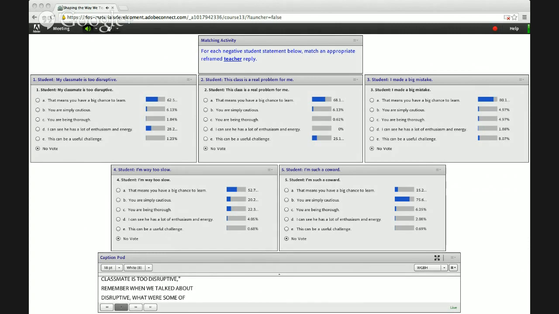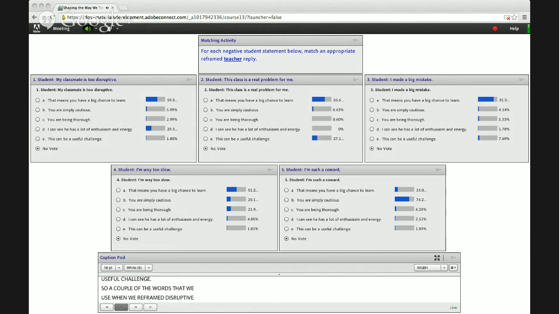So if we look through here, you have the choices: big chance to learn, cautious, thorough, enthusiasm and energy, and a useful challenge. So a couple of the words that we used when we reframed disruptive were these ideas of enthusiasm and energy, right?